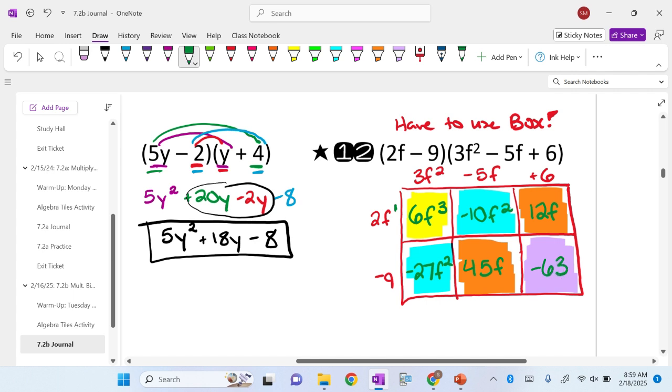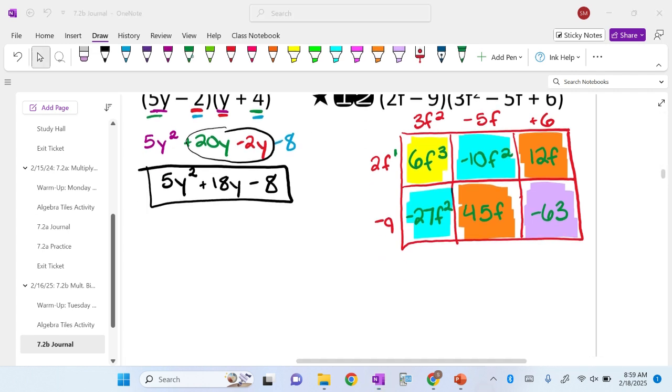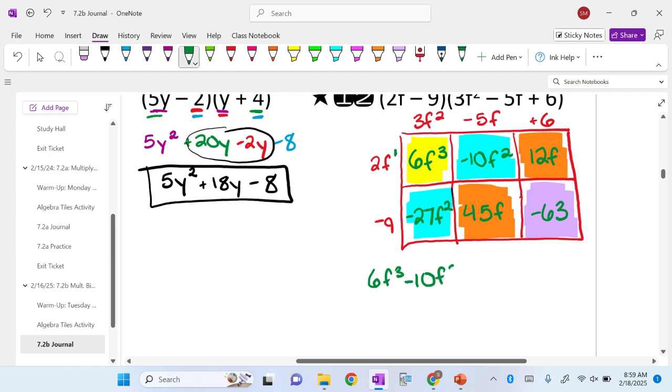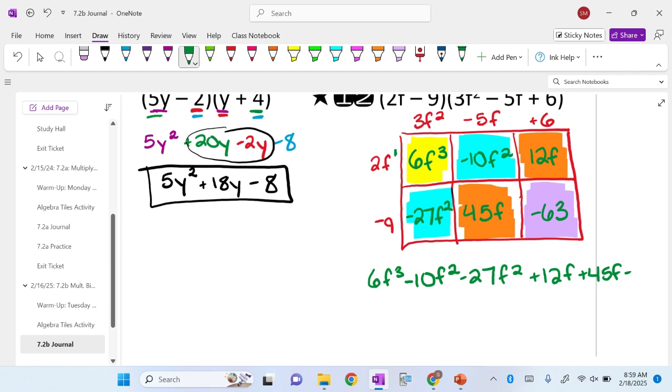And then just like we did with the smaller box, we pull out everything, combine like terms. So I have 6f cubed minus 10f squared. I'm just going to go ahead and put the like terms next to each other. Minus 27f squared plus 12f plus 45f minus 63.